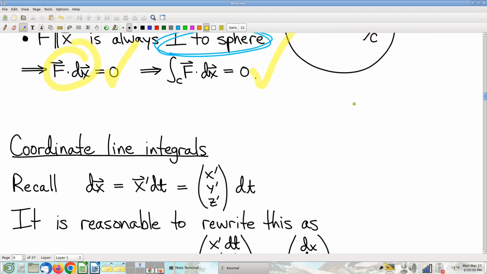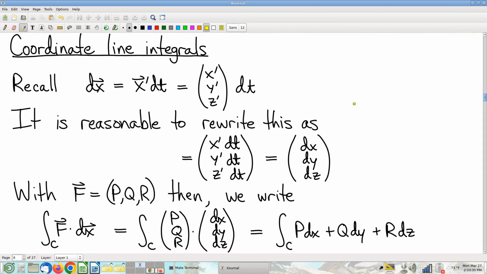Okay. All right, the last thing I'm going to do for today, in the remaining minute and a half, we'll just kind of start on this next bit. It's not that big a deal. Here's our old formula for the dx vector. dx is x prime dt. We left it at that. Let me just point out, though, that x prime I can just write down in coordinates. So I didn't really do anything significant there.